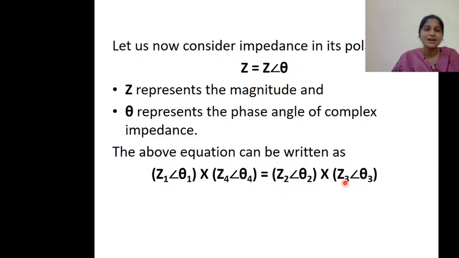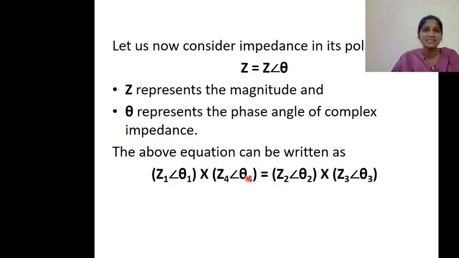Now solve this equation. In polar form, you should always multiply the magnitudes and add the phase angles. You have already studied this in your previous classes, not in this class, before in first year or in intermediate.